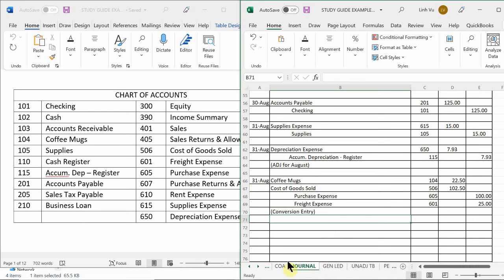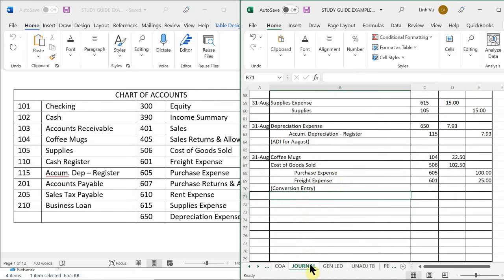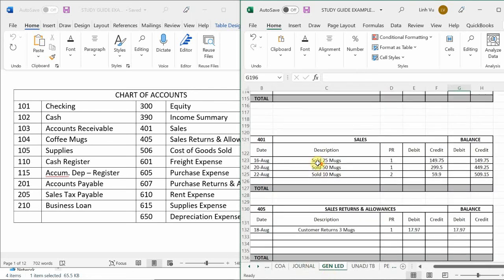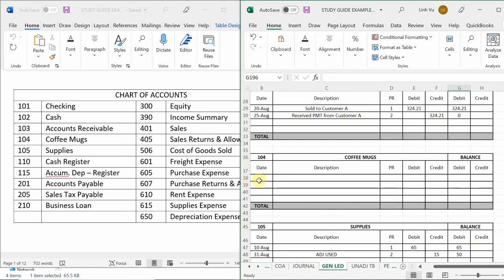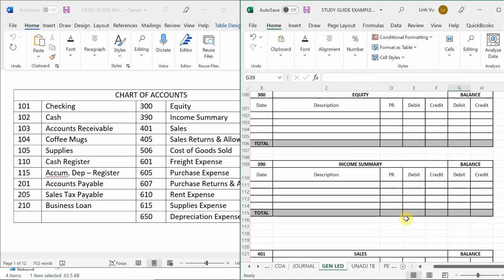Okay. So now let's go ahead and update our ledger. Starting with coffee mugs. So account 104. Right, we have 18 mugs left at $22.50. Okay. And then we have a cost of goods sold.